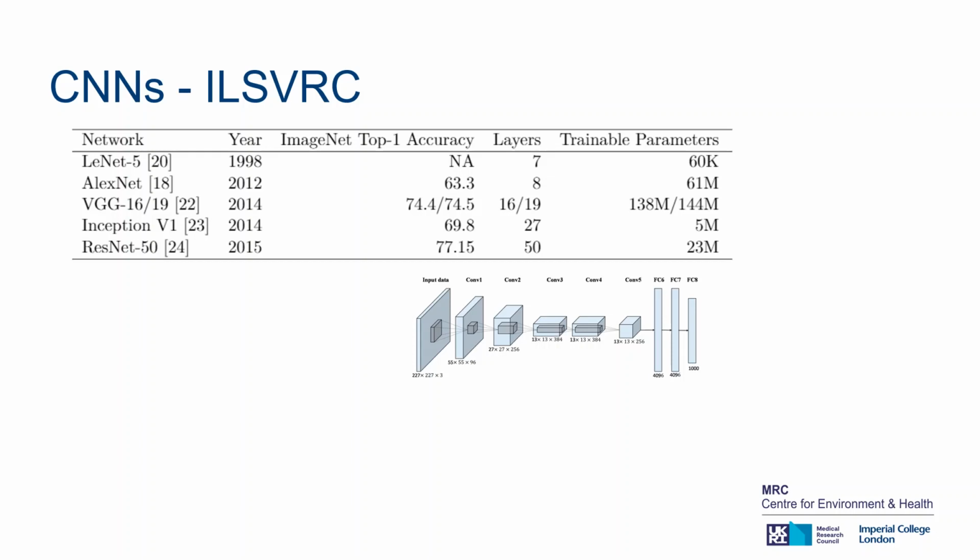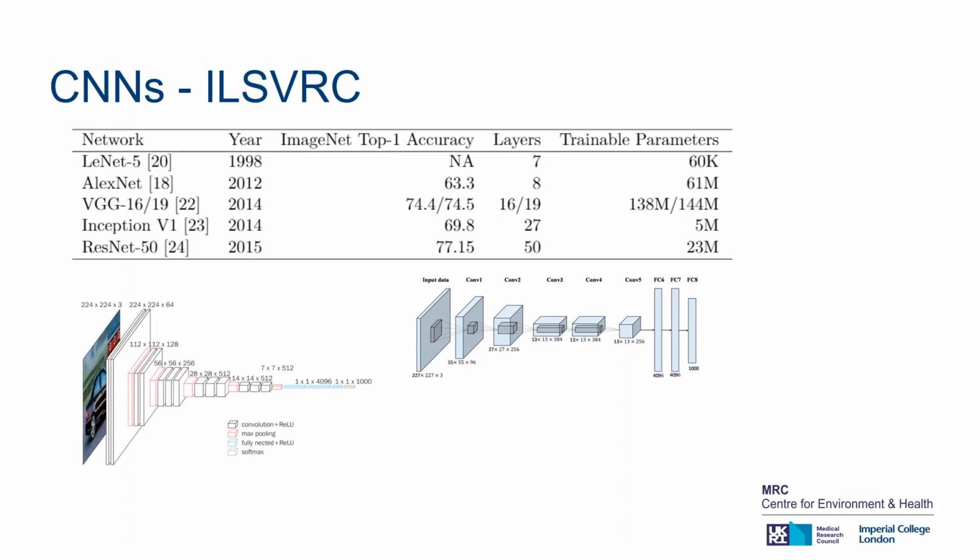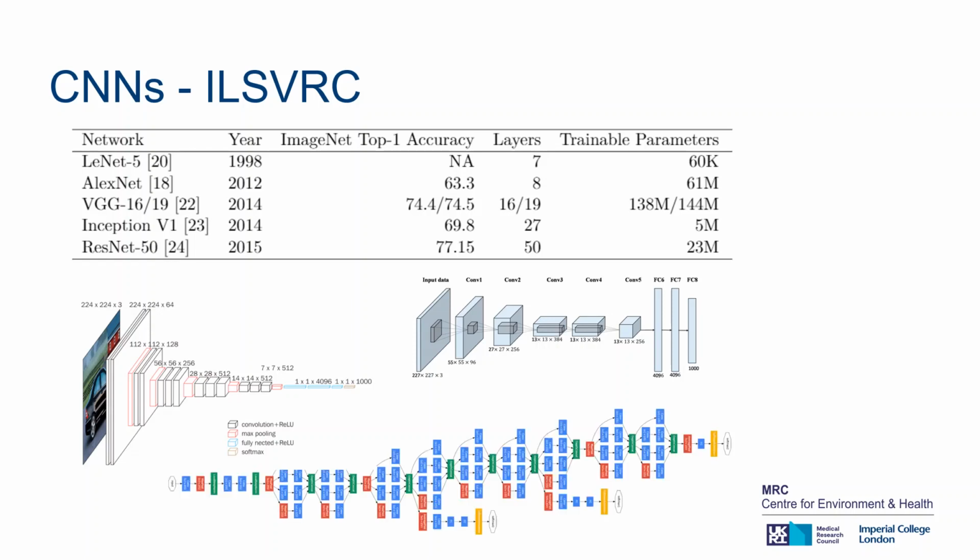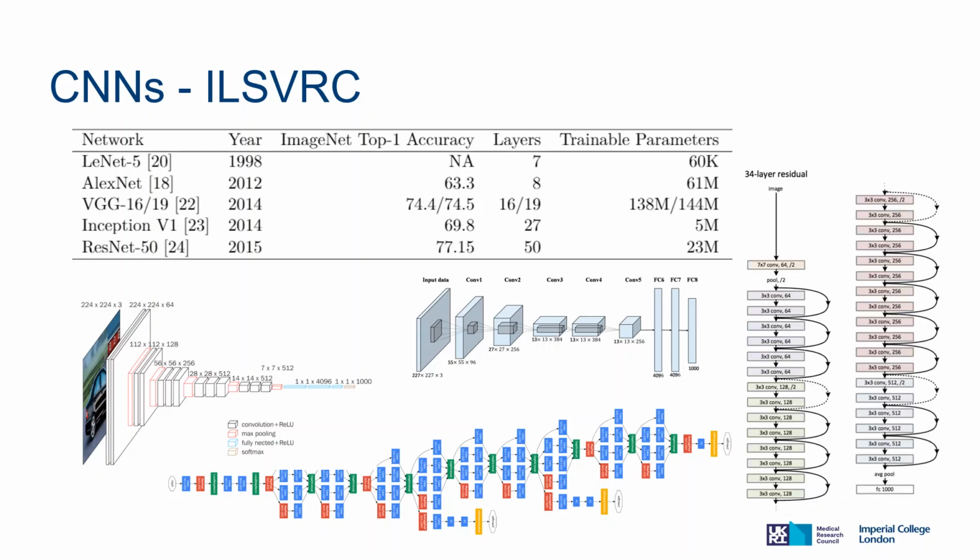VGG did not hold back and has scaled to more than double the number of parameters. The Inception net, or GoogLeNet, actually was able to scale back by including new components, and in addition so was ResNet by including residual blocks.